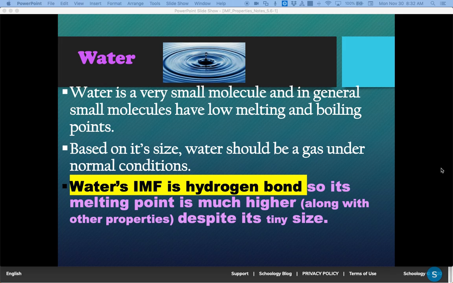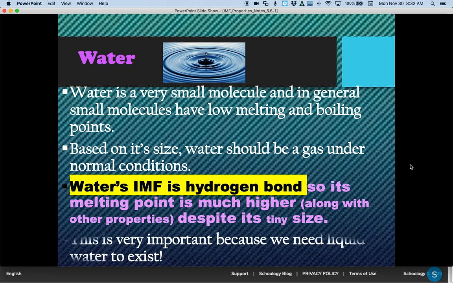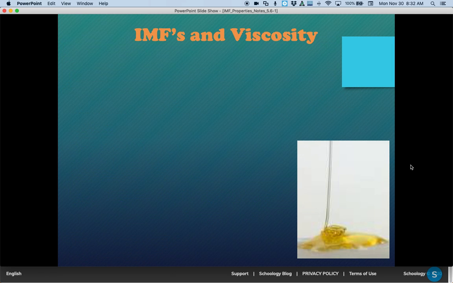Because it has hydrogen bonding and is so tiny, it creates an intense network of attraction, which makes its melting point and boiling point so much higher than you would ever predict. If water was suddenly a brand new substance, we would never predict it would have the properties that it does. But it does because the IMF of water is so incredibly strong, which is important because we obviously need water to exist.